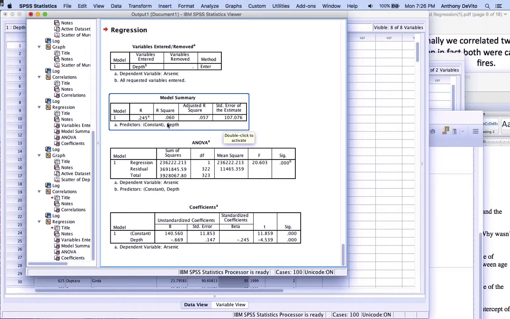But we know it's not going to be such a great prediction because our R square value tells us only 6% of the variability in the amount of arsenic in the water is due to the depth of the well. Other factors influence how much arsenic is there. Obviously, what kind of mineral deposits there are in the ground, whether they're up in a mountain, in a valley, and so on and so forth. I'm sure there's a lot of different variables that would account for that.